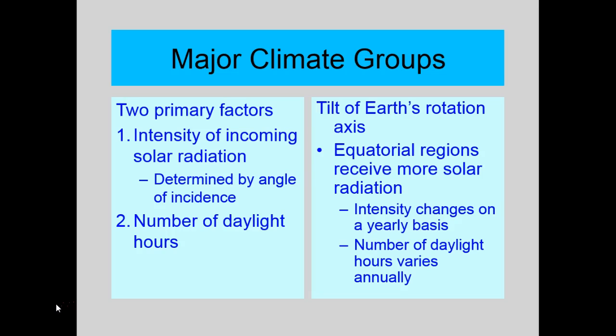And what determines that is the angle of incidence. It's where the sun is directly overhead. And where are the only places on the planet where the sun is ever directly overhead, even once a year? The tropics, that's how you define it. Because guess what? In the summertime, at the Tropic of Cancer, the sun is directly overhead one day a year.